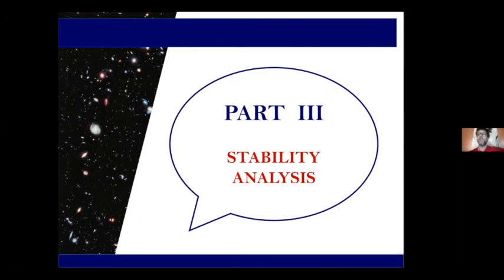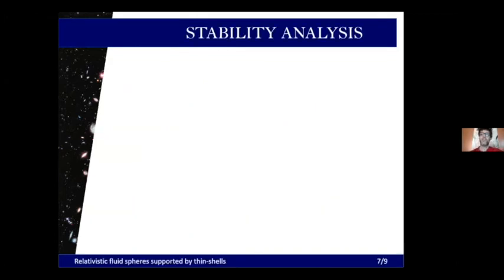So what does it mean to make a stability analysis? Well, it might sound complicated, but it's actually pretty simple. Imagine, for example, a pendulum. If the pendulum is not moving, it is at its equilibrium position, right? So to verify if this pendulum is stable or not, what do you do? Well, you take the pendulum, you move it a little bit to the left or to the right, and let it go.